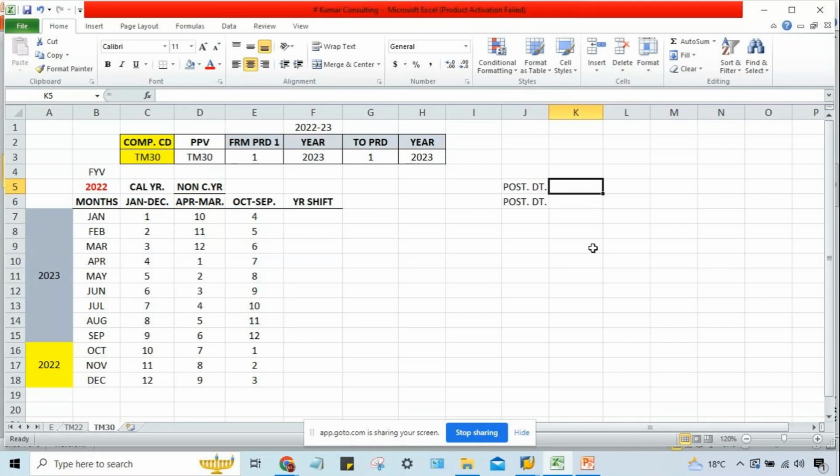Let's suppose 5th of October is the date that is going to be given. Now you guys tell me what should be the year shift. The client is saying that from this October onwards 2023 has started, but the calendar year is 2022 itself. So the user is going to give 5th of October 2022. Which year shift is supposed to be used?